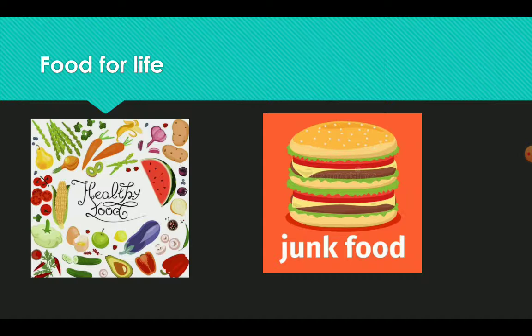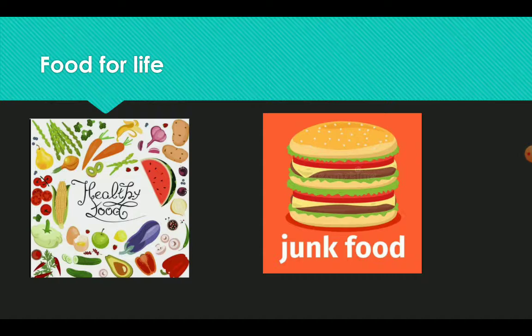Now, as you can see in the slide, I have classified food into two parts, healthy food and junk food. A good choice of food, that is healthy food, gives us what the body needs, that is, to grow and do its daily tasks, while choosing junk food and the wrong food deprives the body of some of the nutrients it needs to function properly.